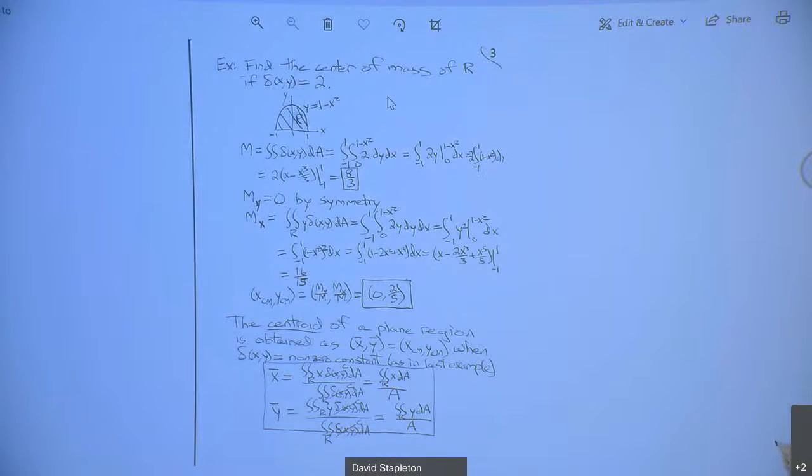This will cover chapter 14. The last section here is 14.8. What I'd like you to do out of there is 1, 3, 15, 19, 21. I have some more, but I think maybe that's too many. Let's just do those. Those can be your computations for these center of mass problems.